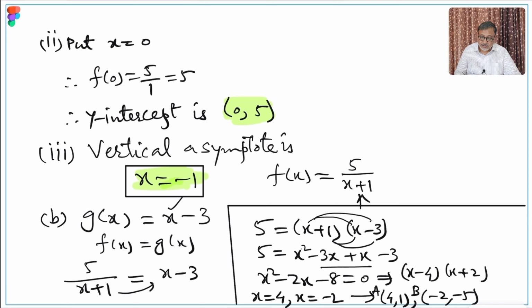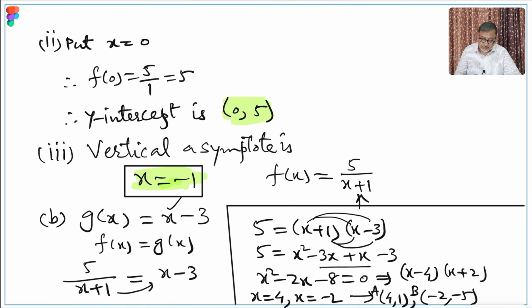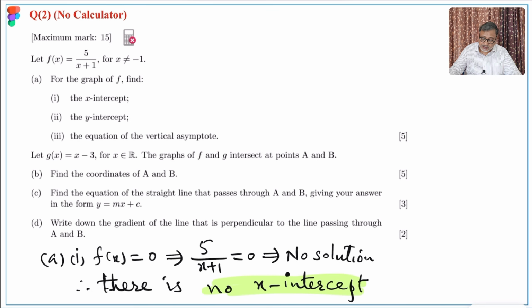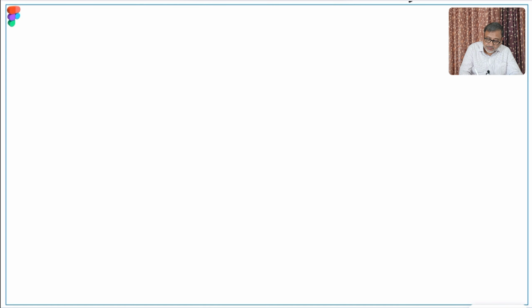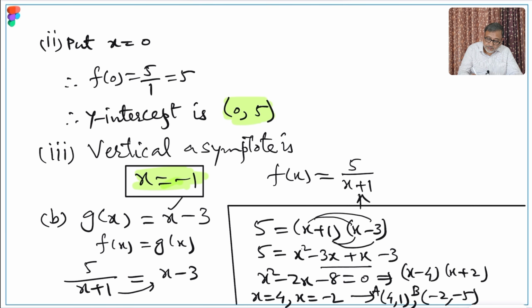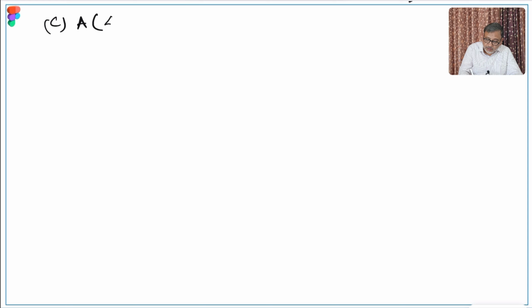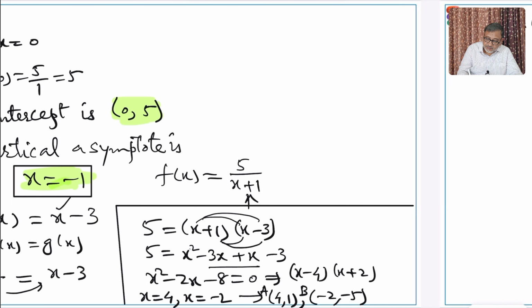Okay. The next part, C part, says find the equation of the straight line that passes through A and B. Okay, so C part I will write here. A is 4 comma 1. B is minus 2 comma minus 5.